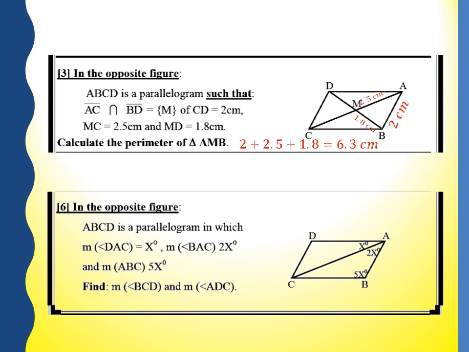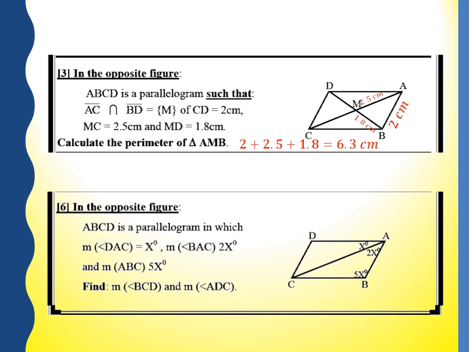How can we solve this type of question? We know very important information about the parallelogram, which is that each two consecutive angles are supplementary, meaning their sum equals 180 degrees. Then the measure of angle A plus the measure of angle B together equals 180 degrees.